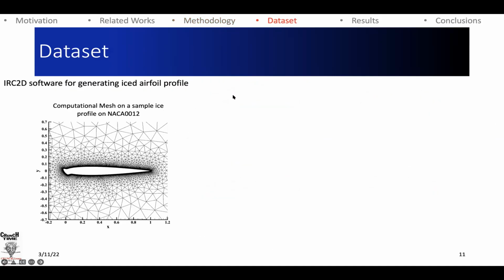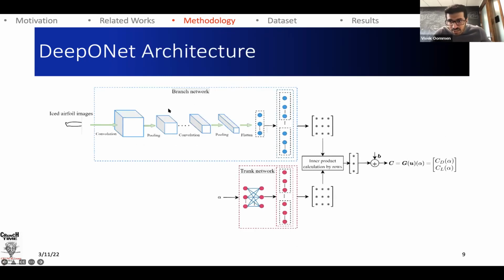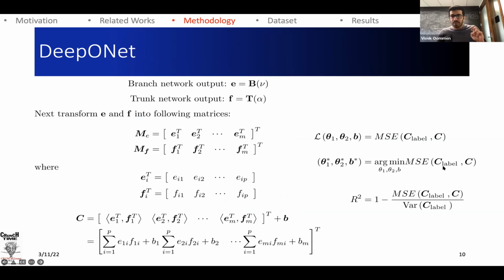Yes, Professor, correct. So we will be transforming the output E in the following manner. Here it represents an M times P matrix. It stands for M different vectors of P dimensions, or M P-dimensional vectors. In this case, M stands for the number of functions they are trying to predict. There are two functions, CD as a function of alpha and CL as a function of alpha, so M is equal to 2.